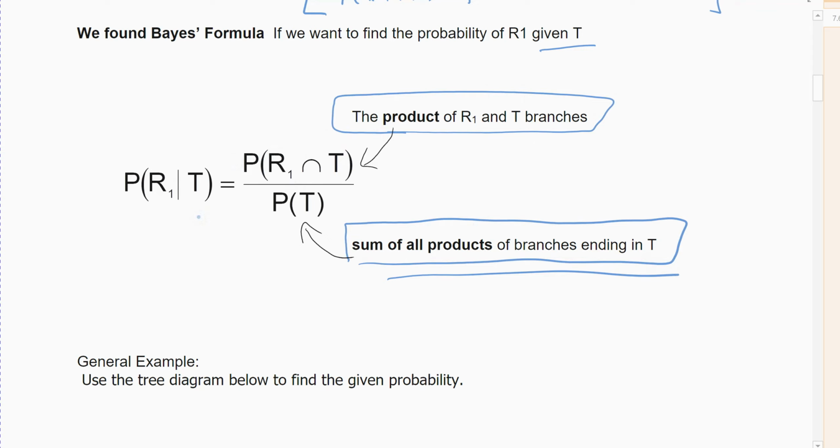Again, it's not technically anything new. It's combining two concepts that we talked about in section 7.5: the conditional formula, with the tree outcomes. You have to add up the tree outcomes, the ending events in T, and put them in your conditional formula.